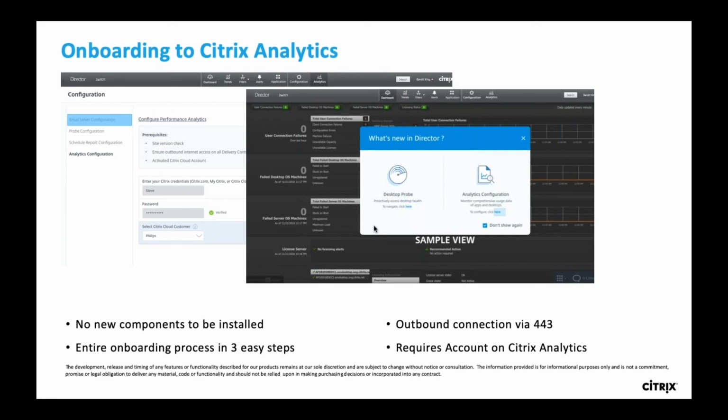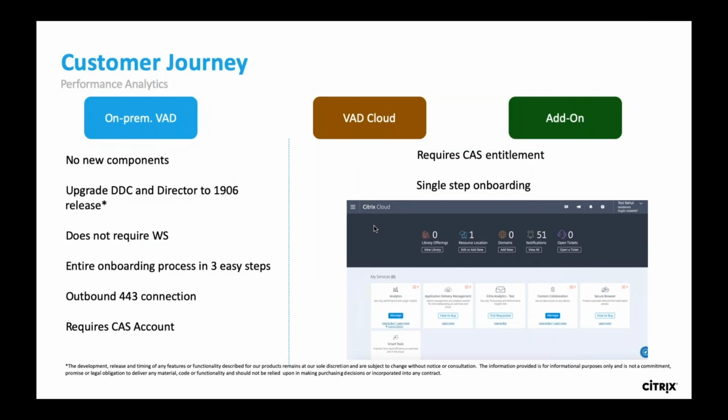The onboarding is a simple three-step process. The prerequisite is that there should be an outbound connection via port number 443. It also requires an account on the Citrix Cloud portal and at least a trial entitlement to the analytics service.